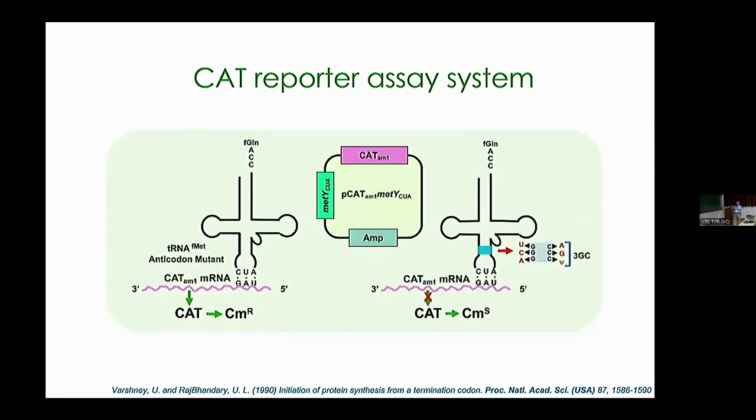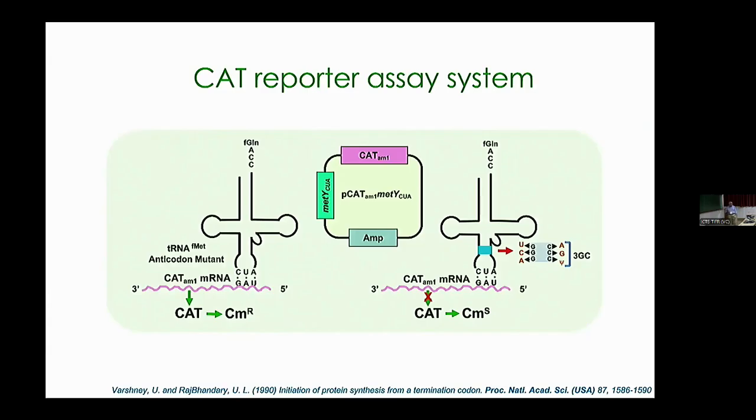One of the things we were quite interested in was looking at the importance of the three GC base pairs. So here we change the three GC base pairs to a sequence that is found in the elongator species of methionine tRNA. We call this the 3GC mutant tRNA, and many times we call it the 3GC tRNA, even though the 3GC are not there.